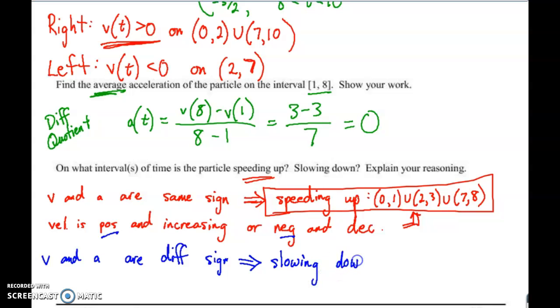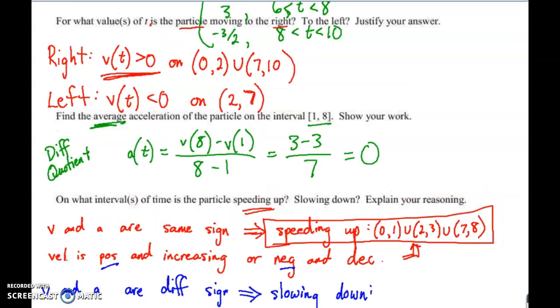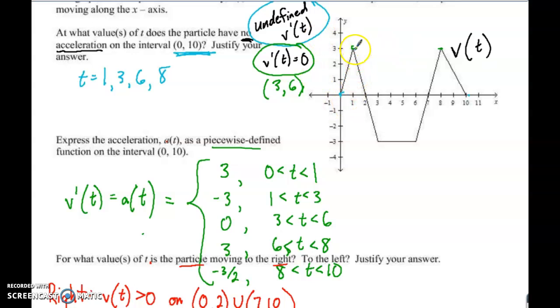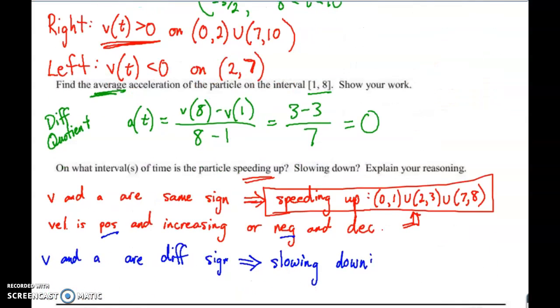So let's look at the graph now. If it's positive, then we need to have a decreasing graph. So that's 1 to 2, negative and decreasing. No, we already have that. Negative and a slope of 0, so no, not that one. Negative and increasing. Okay, so 1 to 2, 6 to 7, and also 8 to 10.